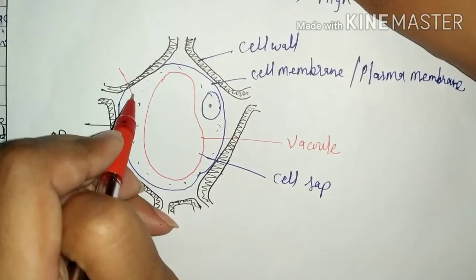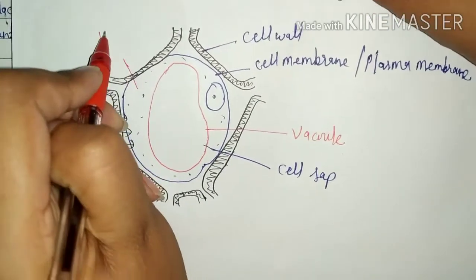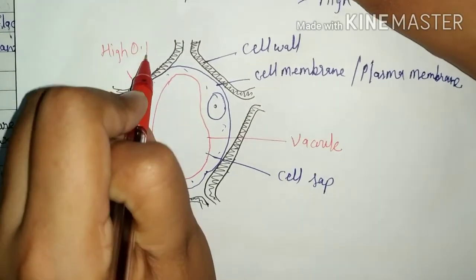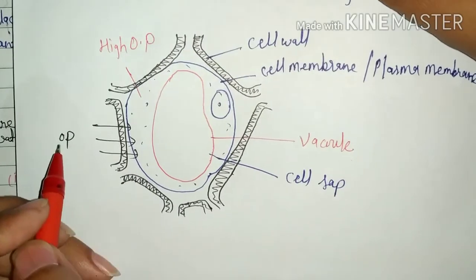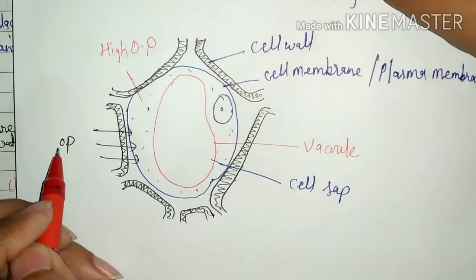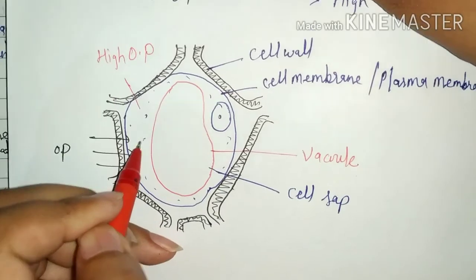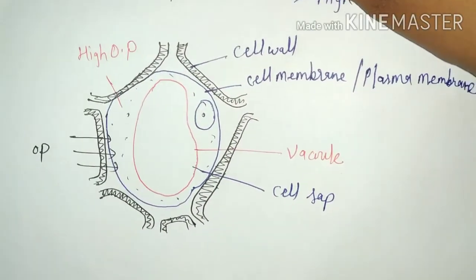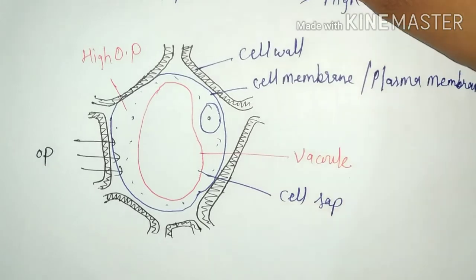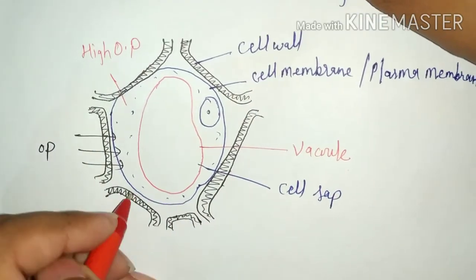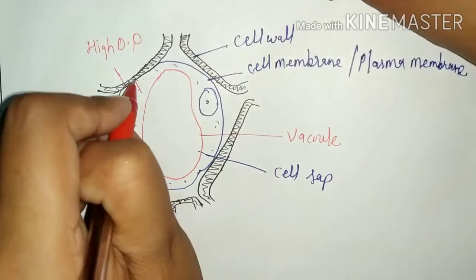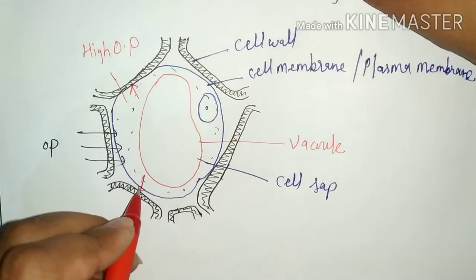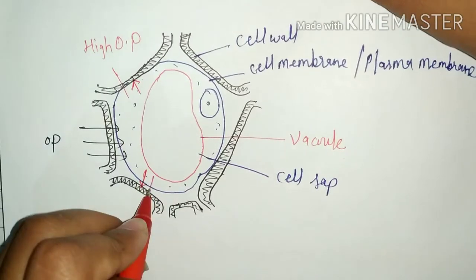Inside the cell osmotic pressure is high, so water moves from low OP to high OP. Due to this, turgid pressure develops against the cell wall.